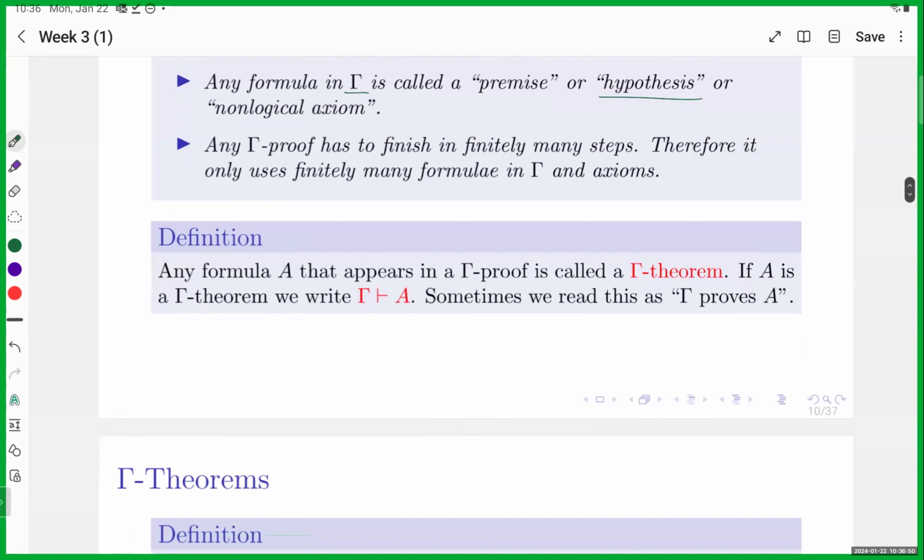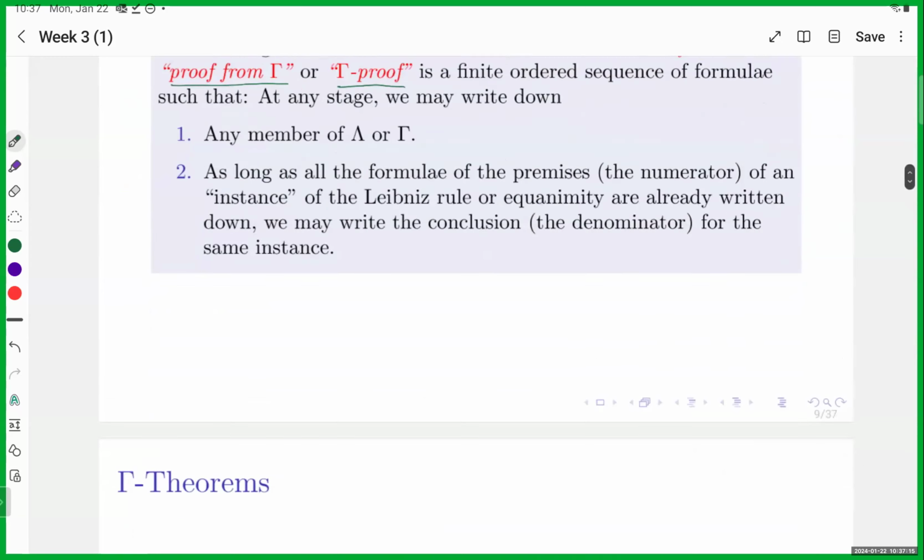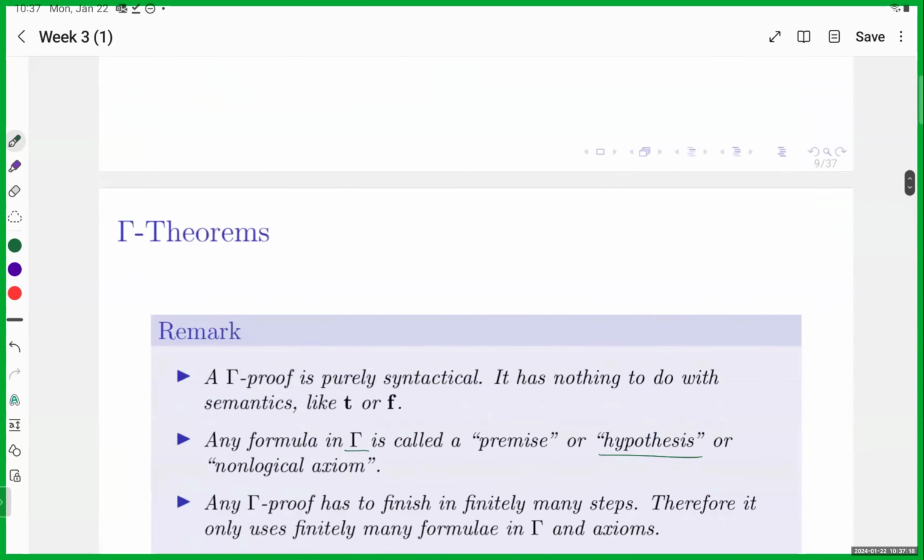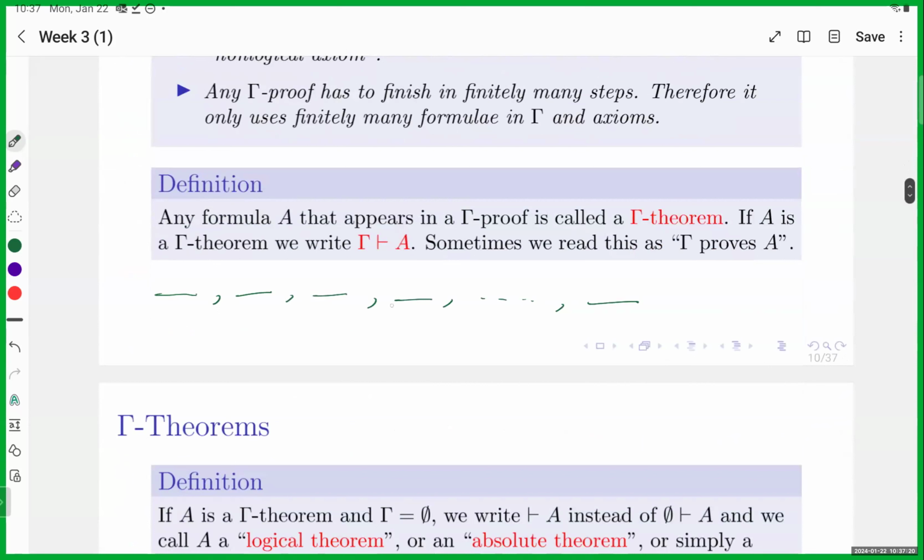Now, here's the notation that we are going to use. Suppose I wrote a gamma proof. That means a finite ordered sequence of formulas that I've written respecting these two steps. Any formula that appears here in a gamma proof is called a gamma theorem.